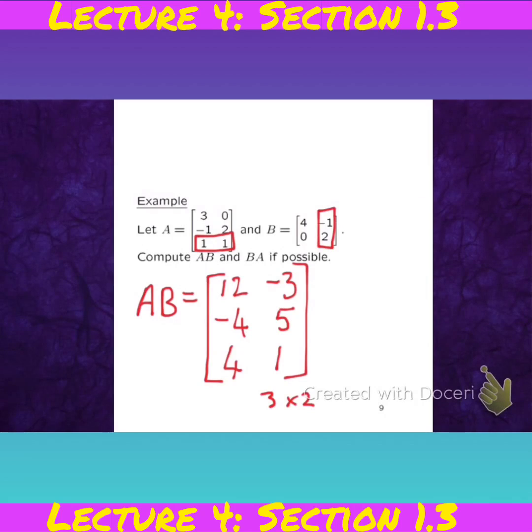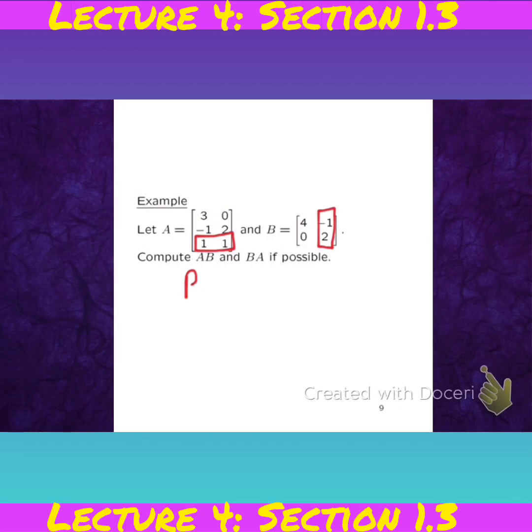All right, so let's look at the matrix B times A. So B, we said, is a 2 by 2 matrix, and A is a 3 by 2. Looking at the product now, for the product to hold, we need the number of columns of B and the number of rows of A to be the same.